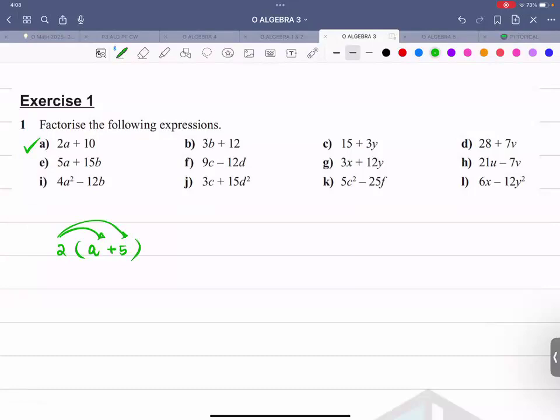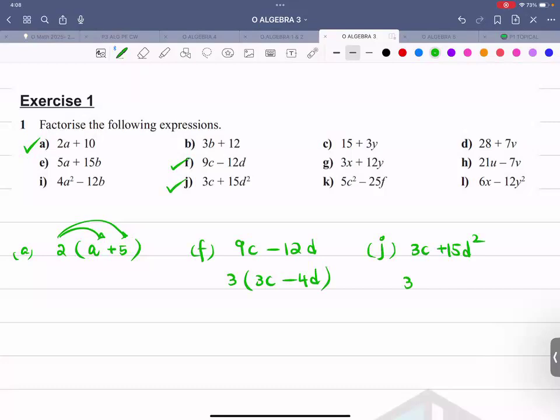That is a perfect example. Similarly, if I talk about part F, 9c minus 12d. I can take 3 common. 3 3s are 9, so 3c is left. 3 4s are 12, 4d is left. That is the answer. Similarly, in part J, this is 3c plus 15d squared.